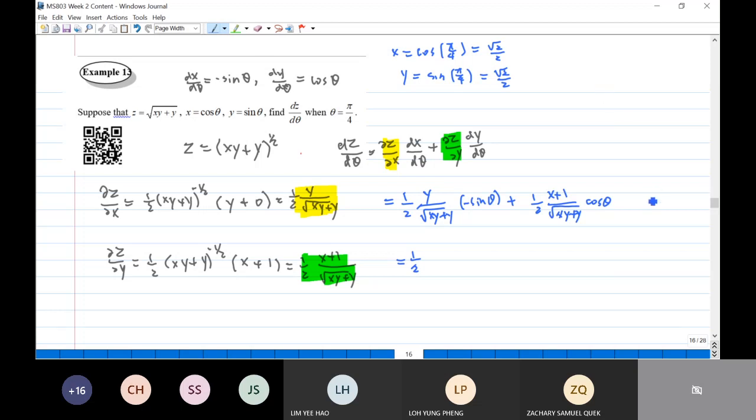So what you have is half of y, square root 2 over 2, over the square root of x times y, square root 2 over 2 times square root 2 over 2, plus square root 2 over 2, and this is minus sine, minus square root 2 over 2.